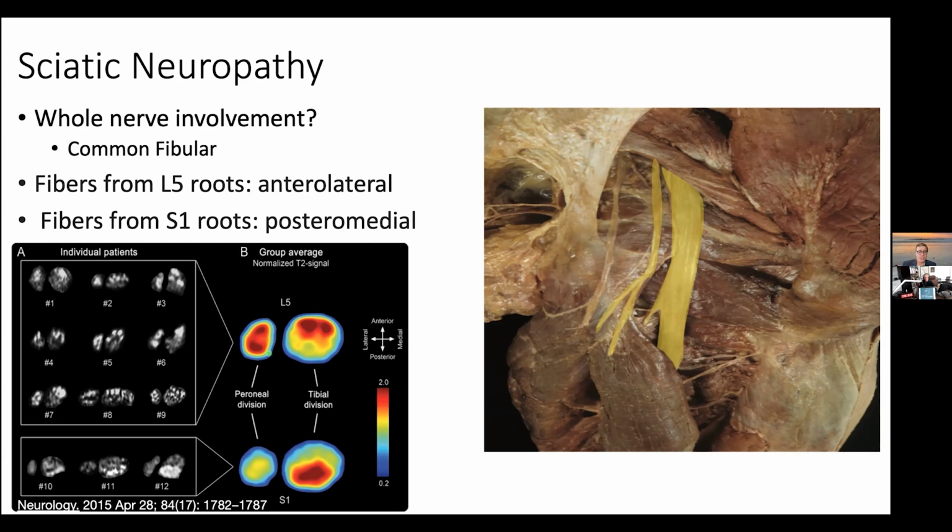If just the common fibular portion of the sciatic is damaged, it's going to look very much like a common fibular neuropathy, so it's going to be a lot of weakness and atrophy.